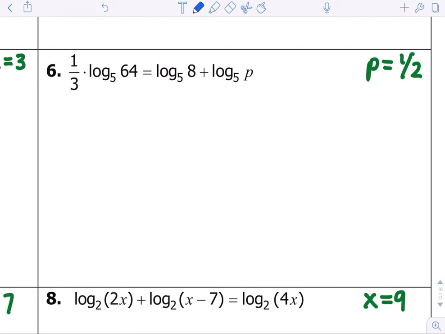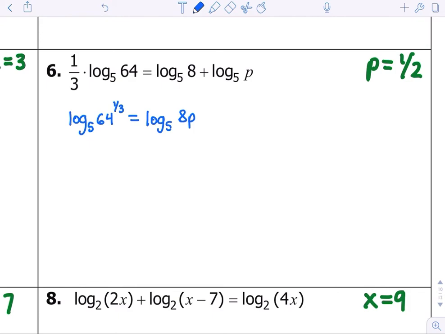Number 6. So we're probably going to have a log equaling a log, but notice how for this log there's a coefficient in front. So we have to move that coefficient by using the power rule. So 64 to the 1/3 is equal to, alright, a log plus a log, and there's a positive sign. So that's using your product rule. So log base 5 of 8 times p, which is 8p.